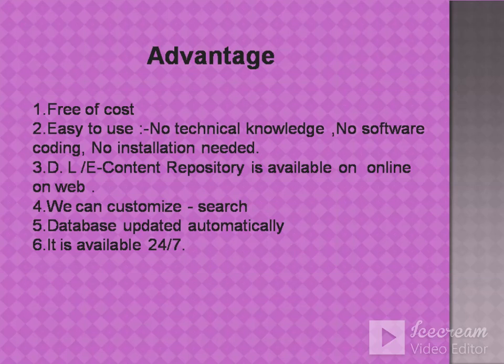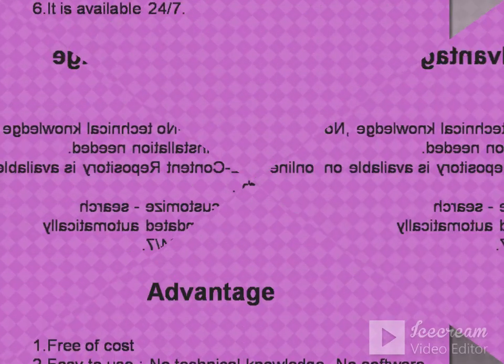Third, the digital library e-content repository is available on the intranet in your campus as well as internet based. Fourth, we can customize our OPAC search with the help of this e-content repository. Fifth, the database of e-content is updated automatically. Sixth, it is available 24 by 7.